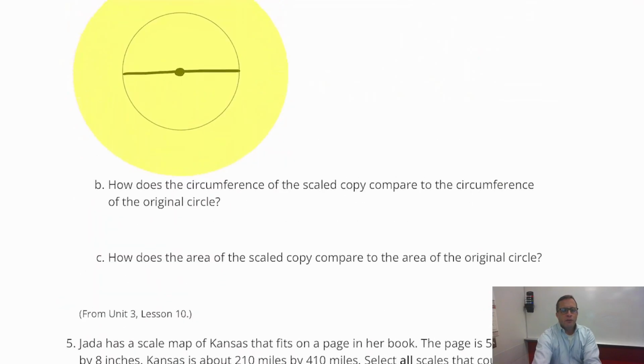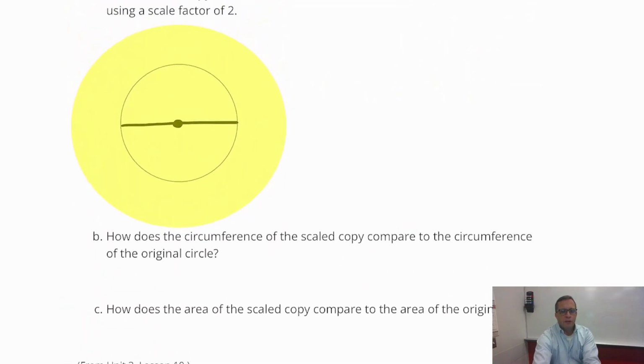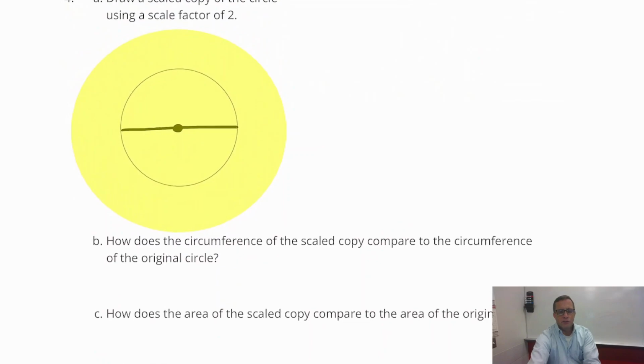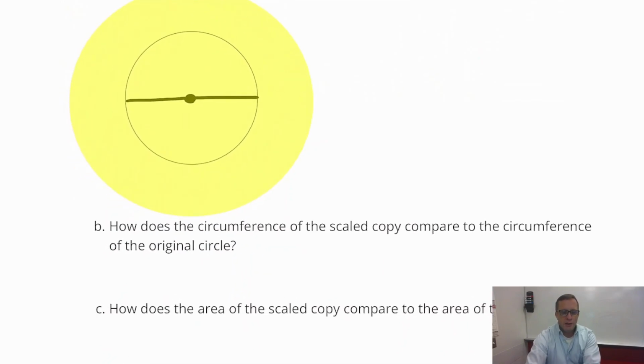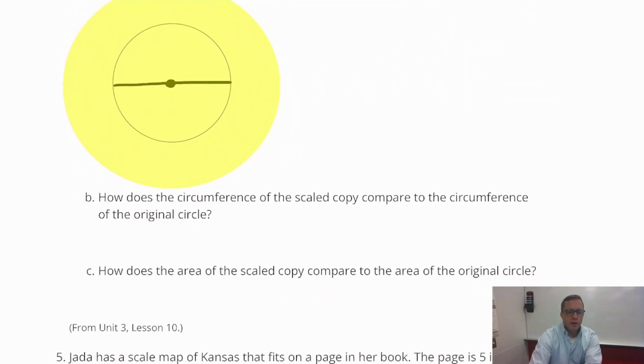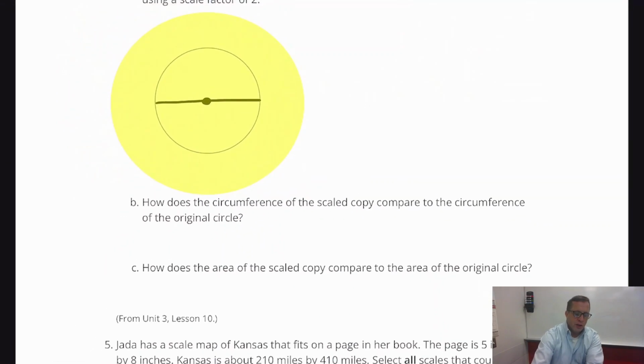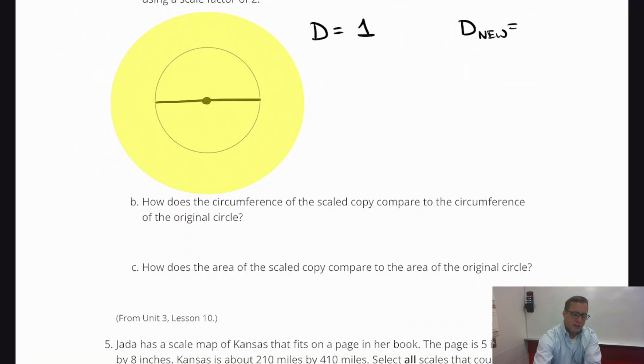All right, how does the circumference of the scaled copy compare to the circumference of the original circle? It should be double, right? Because that's how it works. If the diameter of the original circle, I'm just going to make up a number here, was 1, the diameter of the new circle is going to be 2.